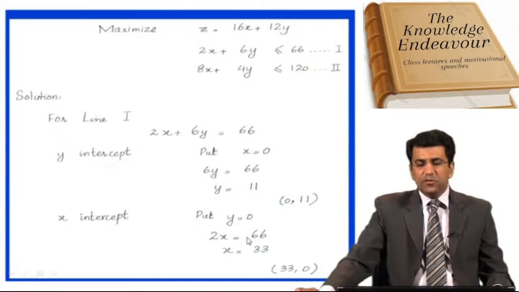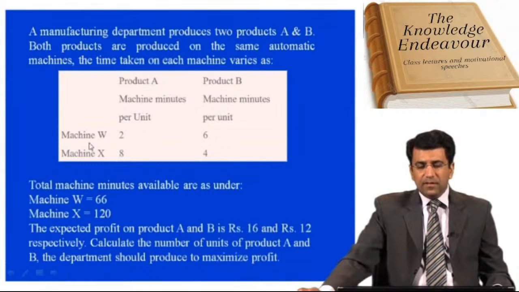Second, again, as we know that machine W takes about 2 minutes for product A and 6 minutes for product B, and the total available time for machine W is 66.